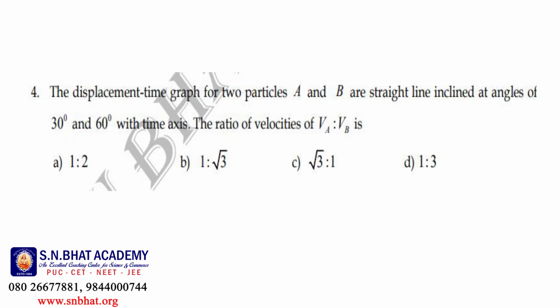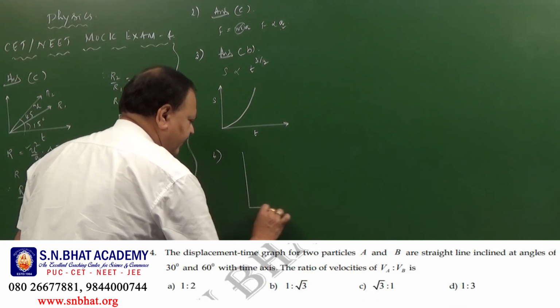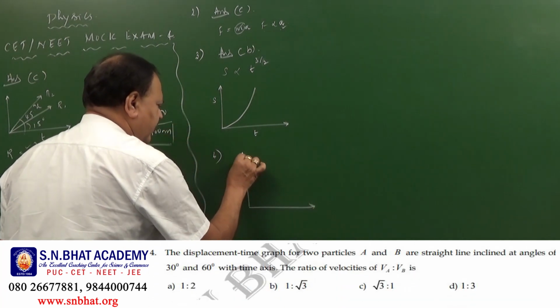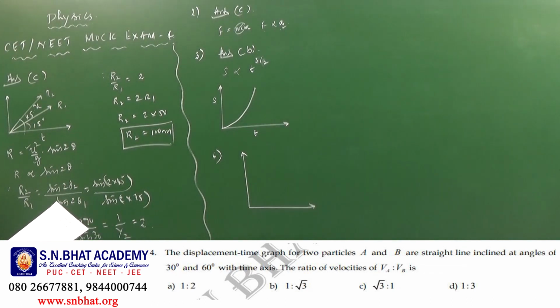Okay, next is the question number 4. The displacement graph for the particles A and B are straight line inclined at an angle of 30 degree and 60 degree with the time axis. The ratio of the velocities are. See, remember, this is the displacement time graph.